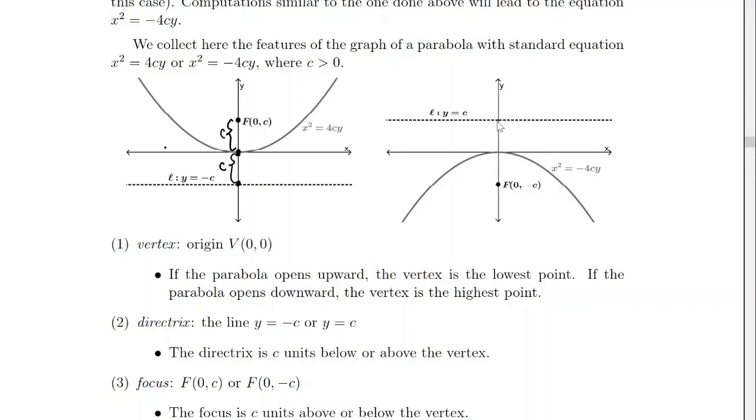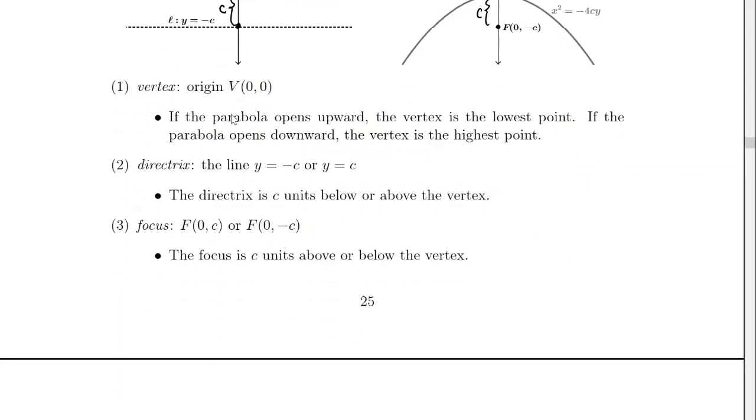Another parabola is x² = -4cy. The negative here tells you that the parabola is opening downward. Since x is squared, we have a parabola that opens up and opens down. Still, this distance, let's call it c, is the distance from the vertex to this point on the directrix, and from the vertex to the focus, we also have distance c.